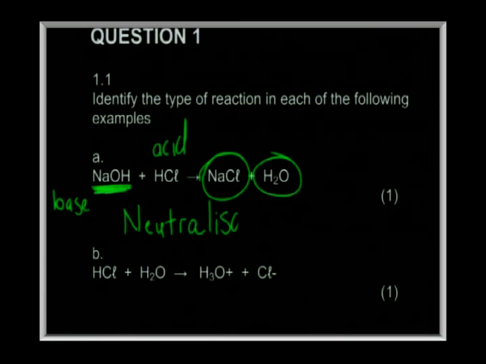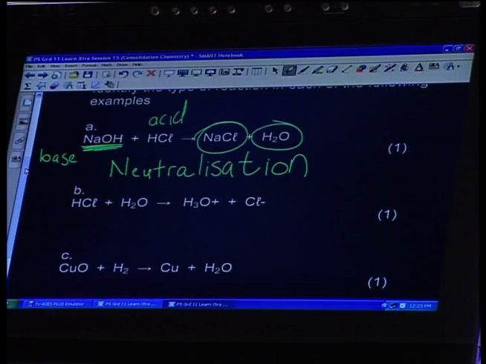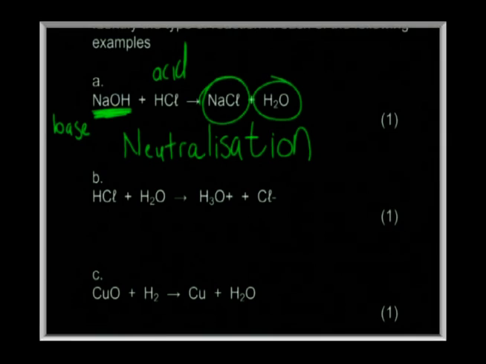Okay. Now the next reaction is actually one that I haven't particularly spoken about earlier on, so I'm very glad that this example is here. So what do we have over here? I've got HCl in water. So it's an acid in water. Now that's not a neutralization reaction because water is neutral. It doesn't have the power to neutralize HCl.